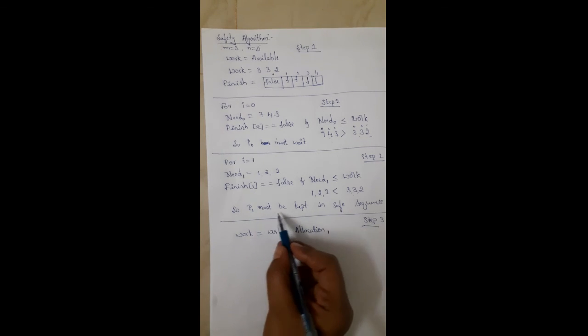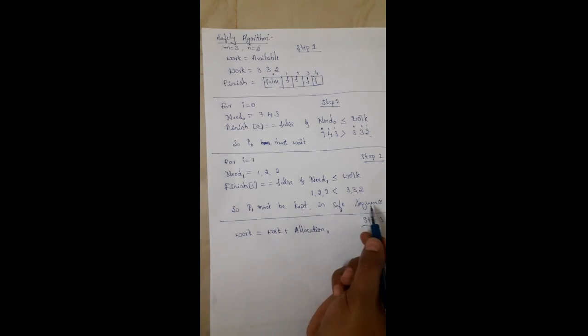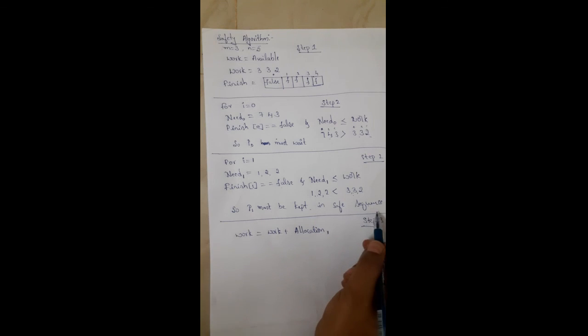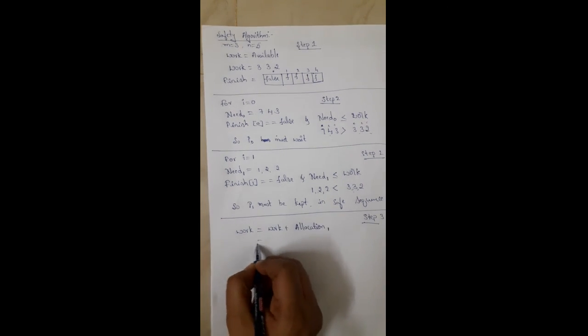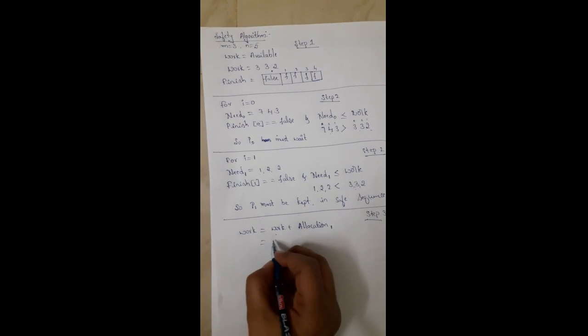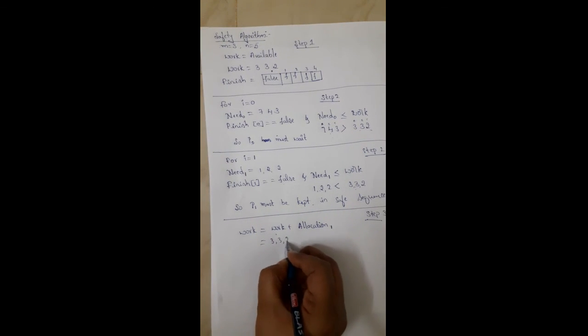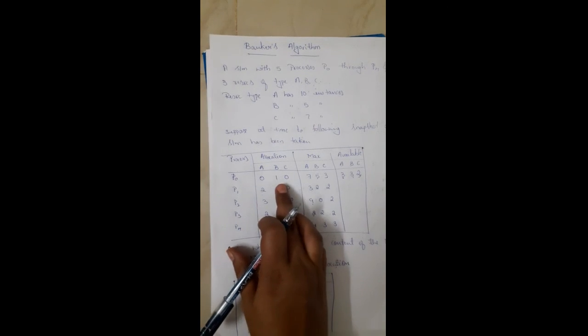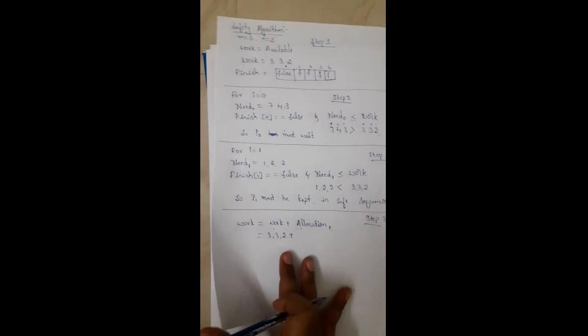As I said, P1 must be kept in the safe sequence since this condition holds good. If it is in the safe sequence, we can assign the available resources to this process and the process can complete its execution. So now what is work? Work is 3, 3, 2 plus the allocation of the first process. What is the allocation of the first process? It is 0, 1, 0. So I am adding it up.